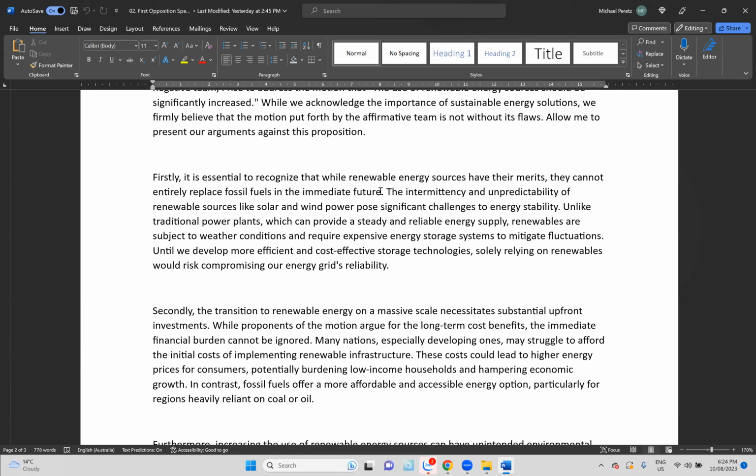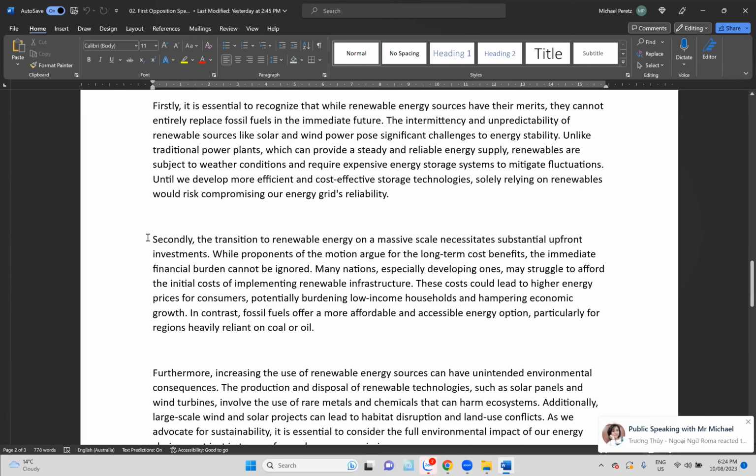Until we develop more efficient and cost-effective storage technologies, solely relying on renewables would risk compromising our energy grid's reliability. So again, we can do this in the future, but the case they're arguing is that we do it now. And right now, the technology is not there unless we're prepared to spend way too much money on it. So they're already starting to pick away at the proposition team's case.